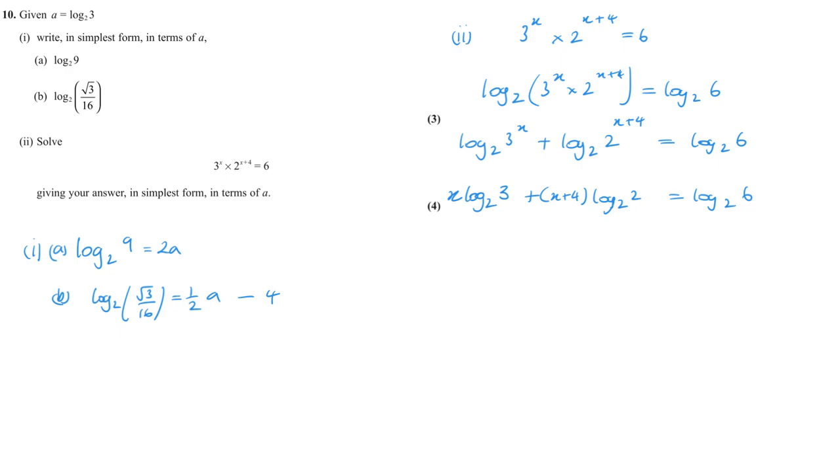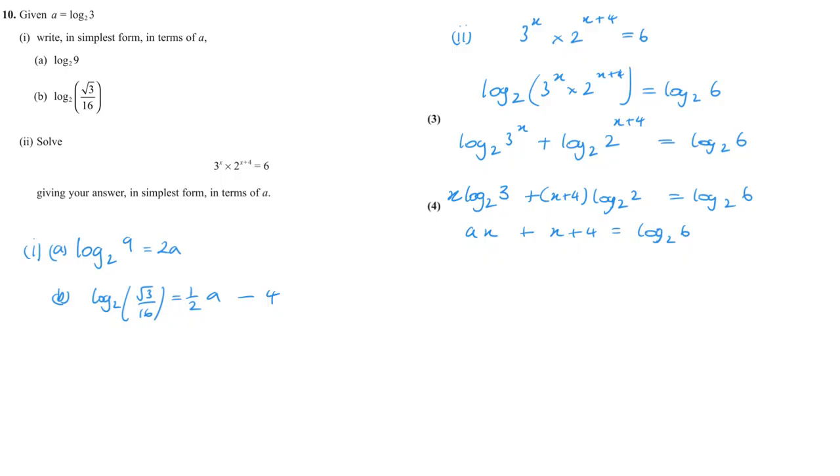So log 2 of 3, so that's going to be a, so ax plus, and log 2 of 2 is 1, plus x plus 4 equals log 2 of 6. Now at this point I got the log 6 to the base 2 to sort out.